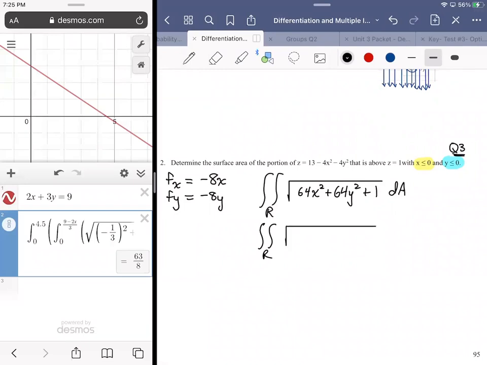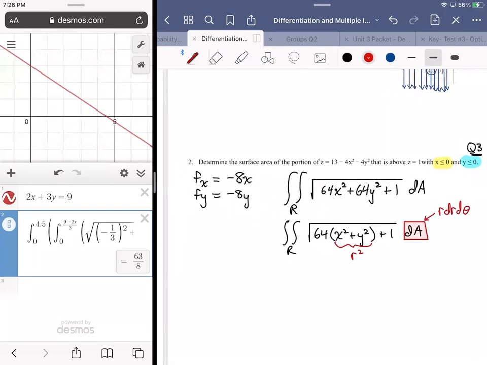Factor out the 64, you have x squared plus y squared, plus 1 dA. That x squared plus y squared is the same as r squared. So that's good news. That cleans up nicely. So instead of dx dy, I'm thinking r dr d theta.